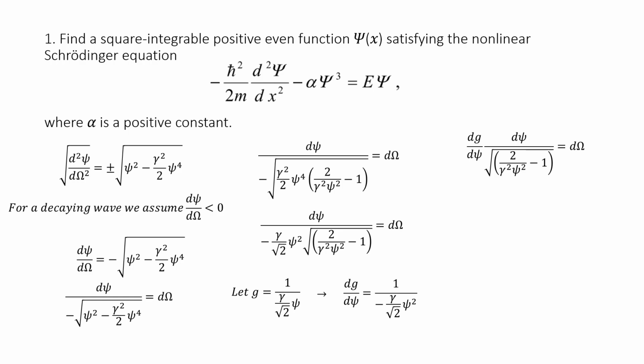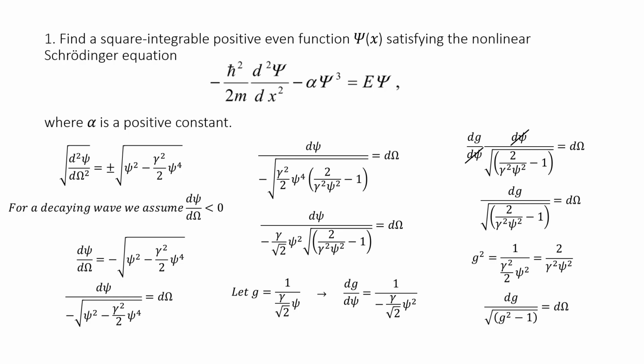So we can let dg go to the front, our d phi's cancel, and we get dg over square root of 2 over gamma squared phi squared minus 1 equals d omega. Now remember that our g squared from before can be shown as 1 over gamma squared over 2 phi squared, or rearranged to 2 over gamma squared phi squared, and we can substitute our g inside of our square root, giving us this result.